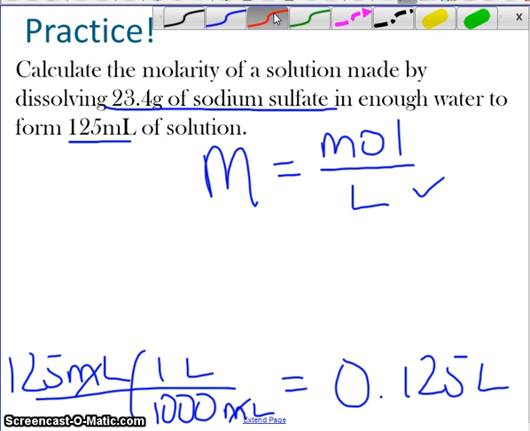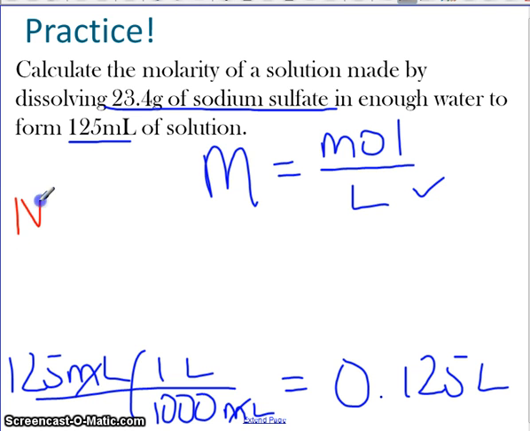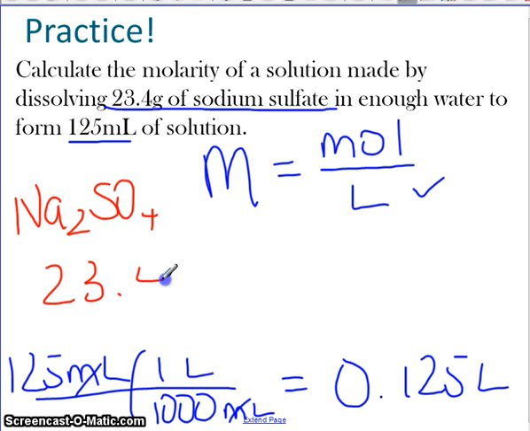Okay, first of all, sodium sulfate is Na2SO4. So since I'm given grams and I need to go to moles, I need to look at my periodic table for the molar mass. I already did this on the side, so hopefully you guys still remember how to do this.